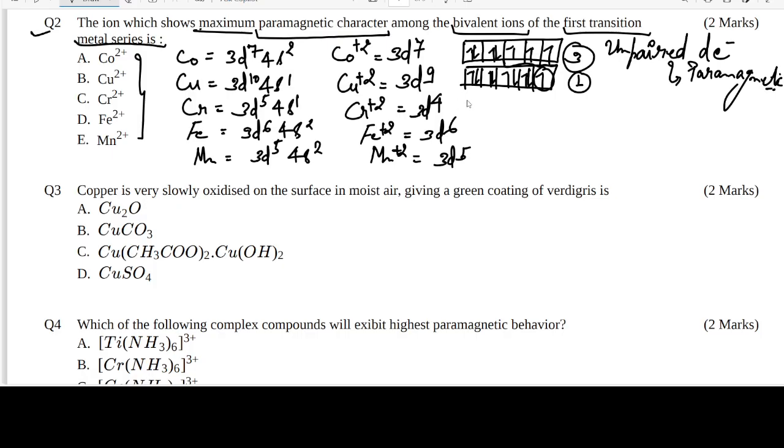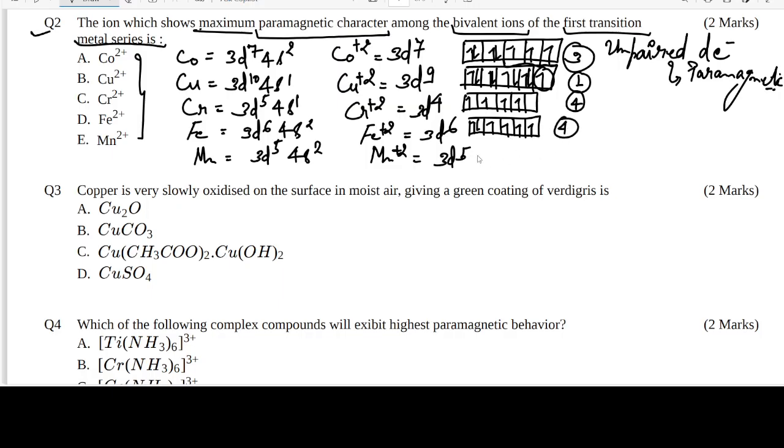Similarly, if you talk about 3d4, there will be 4 unpaired electrons, 1 2 3 4. And here, 3d6: 1 2 3 4 5 and then 6, so the remaining 4 are unpaired electrons.